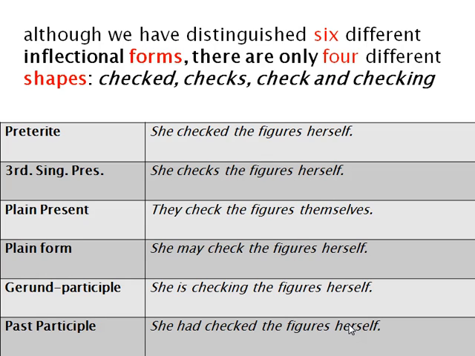For example, checked and checked: checked, simple past, and checked, past participle. They have the same shape, but they are different forms. So when I talk about forms, I talk about those very primitive verb tenses, the simple tenses. When I talk about shapes, I talk about spelling.